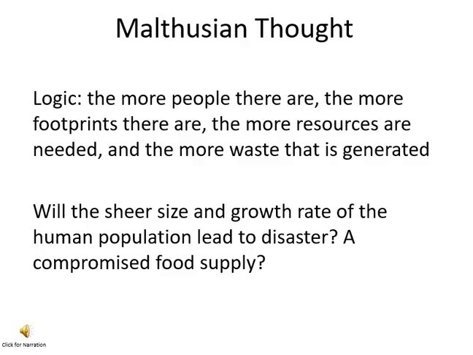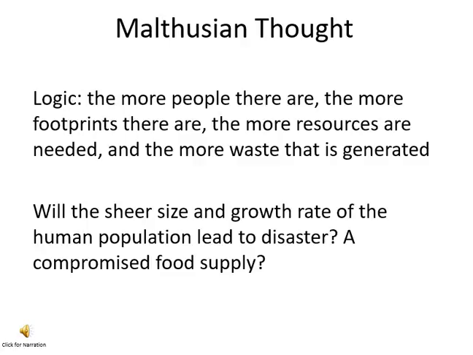The more people there are, the more resources are needed, and if we can't keep up with the resource demands, then we're looking at famine. We're looking at war. We're looking at what he called population checks. So the question he asked: will the sheer size and growth rate of the human population lead to disaster?